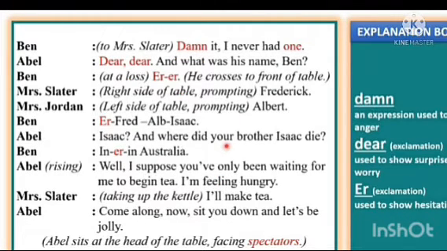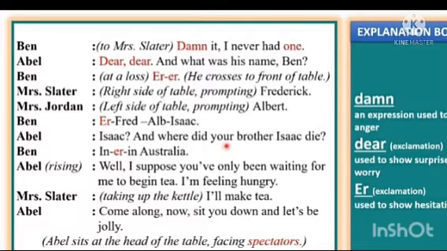Ben, to Mrs. Slater: Damn it, I never had one. Abel: Dear, and what was his name? Ben, at a loss, crossed in front of the table. Mrs. Slater, right side of the table, prompting: Frederick.